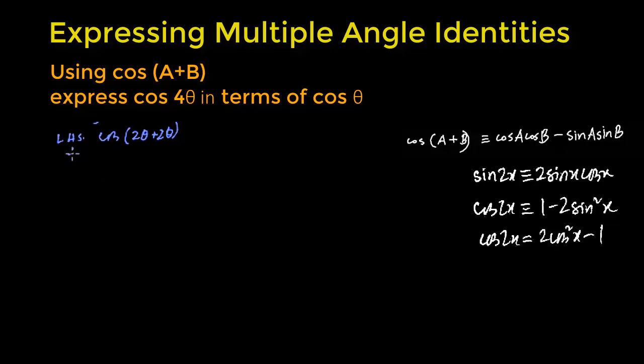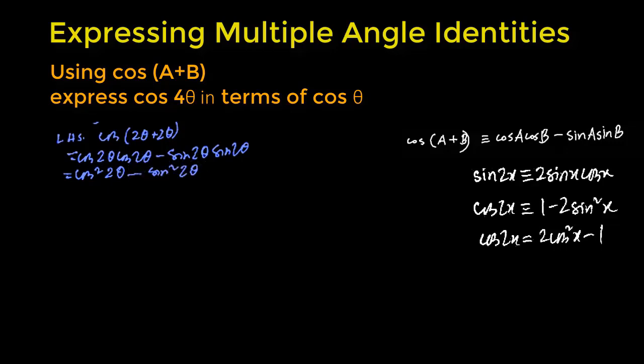So we know it's going to be cos cos minus sin sin. So this is going to be cos 2θ cos 2θ minus sin 2θ sin 2θ. Now here, since both the angles are the same, they're identical, so we can write cos squared of this angle minus sin squared of this angle.